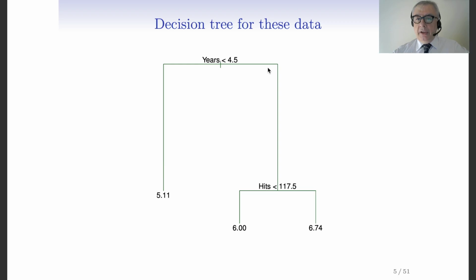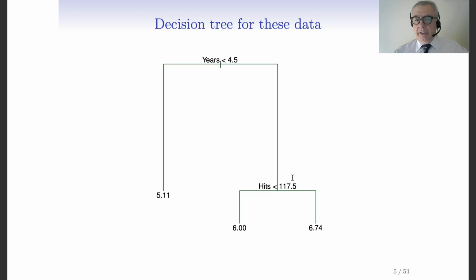On the other hand, if you are in this branch of the tree, then you have a second split, and this is based on hits. We had said that roughly 100 was the critical point. The automatic algorithm found 117.5. And again, if your number of hits is below this threshold, then your average wage is 6.